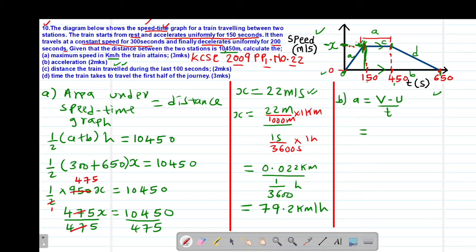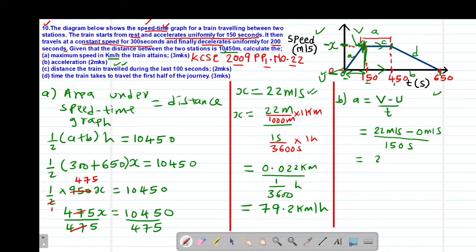Initial velocity will just be 0, because the body started at rest, then the time taken will be the time between 0 up to 150 seconds. So our final velocity is 22 meters per second, minus the initial velocity of 0 meters per second because the body started from rest, then divided by the time taken, 150 seconds minus 0, which will just give us 150 seconds.